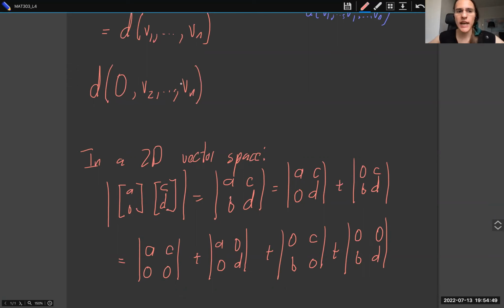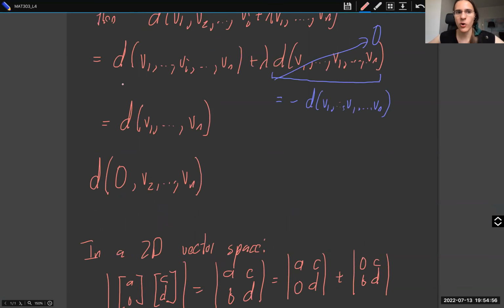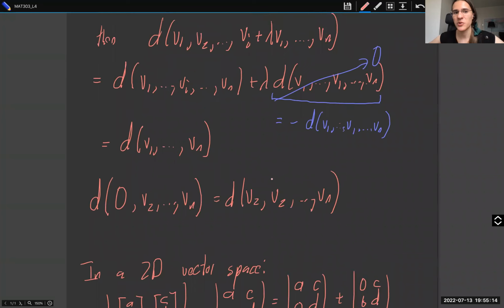What I can do then is add any multiple of V2 to 0, because this argument applies not just for moving V1 into position, but moving V2 into V1. So that's equal to D of V2, V2, but there are now two copies of V2.